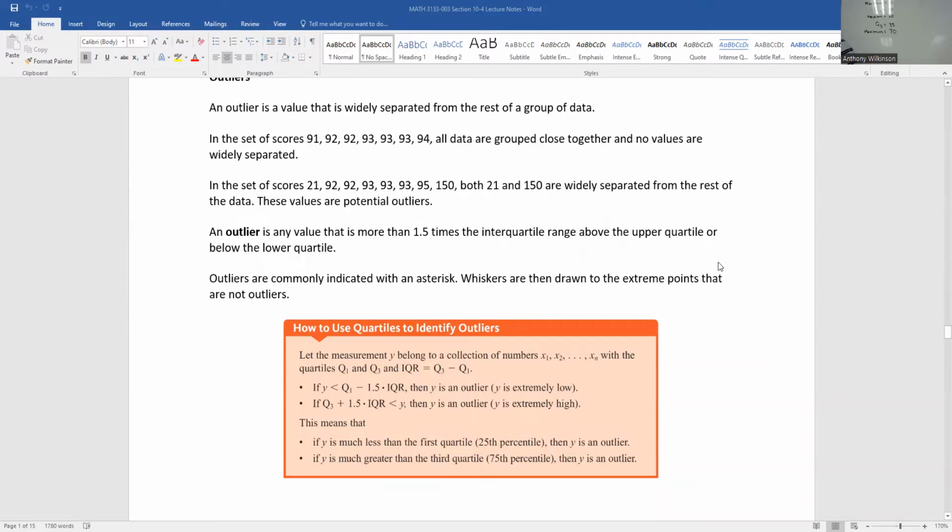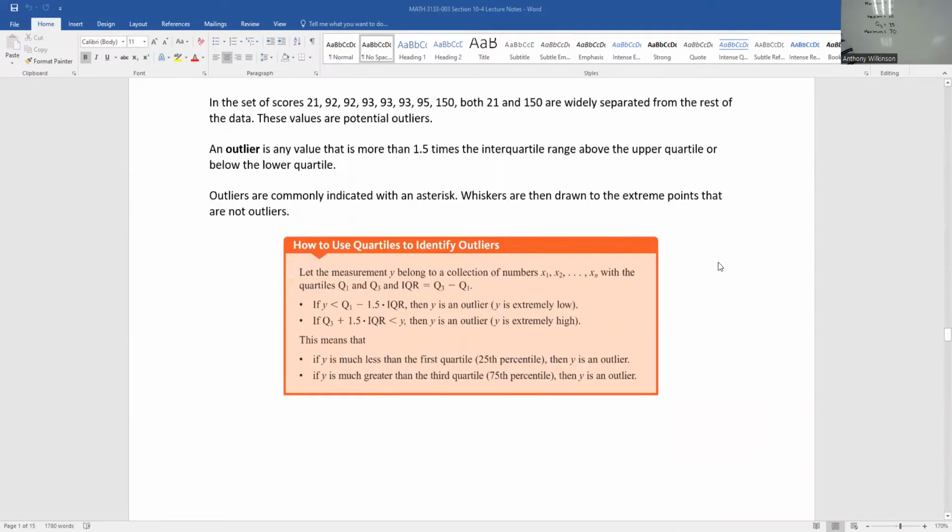Okay, so here's how we use quartiles to identify outliers. If we let some measurement called y belong to a collection of numbers in that set of data, we need to identify Q1 and Q3. And we need to identify the IQR, the interquartile range. That's going to be Q3 minus Q1.